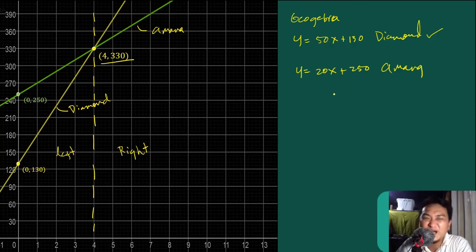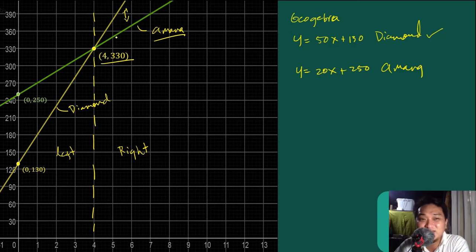E paano kung bakasyonista ka? Yung tipong na nagtatagal ka in one place. Kung magtatagal ka ron ng less than 4 hours, di hamak na mas mataas yung babayaran mo sa Amana. Saan mas mababa? Mas mababa yun kung mag-i-stay ka doon more than 4 hours. Ayan. So, tingnan niyo yung graph dito. Dito sa right side, di hamak na mas mababa na yung rate sa Amana.